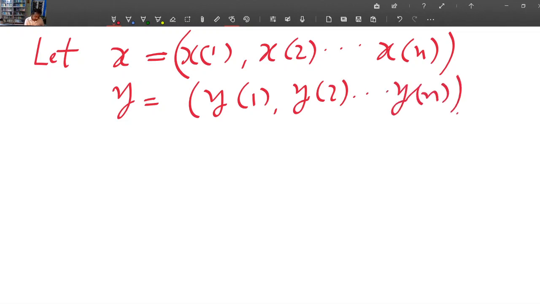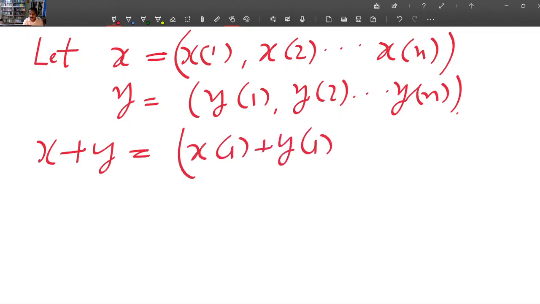You can define x plus y as component wise addition. So this is x of 1 plus y of 1, etc., x of n plus y of n.